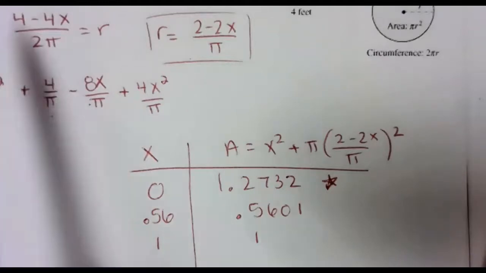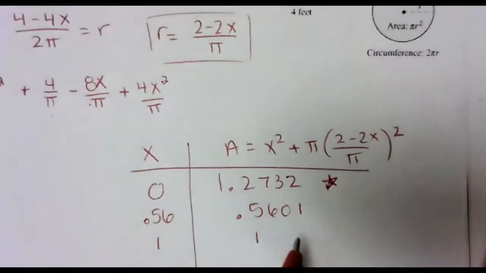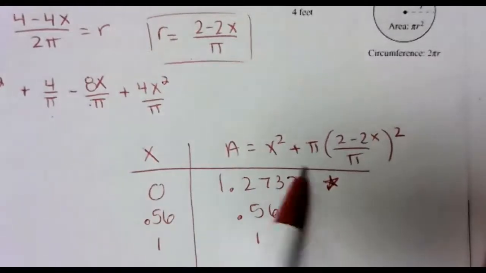So you should use no wire for the square and all wire for the ornament.